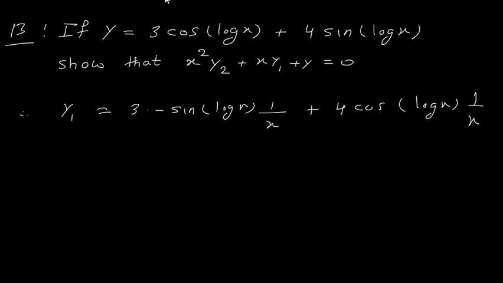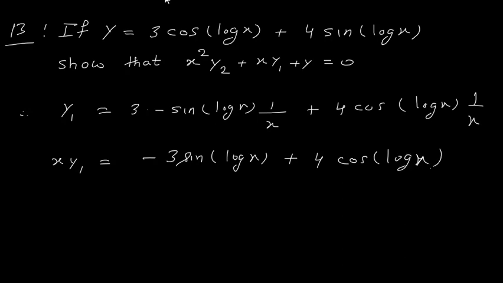This is y1. Now this denominator x I will move to the left, so it becomes x into y1 is equal to minus 3 sin of log x plus 4 cos of log x.